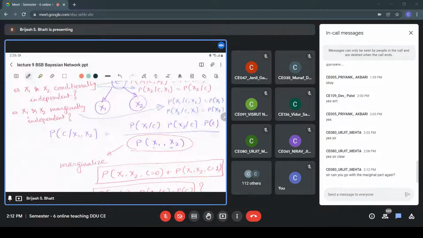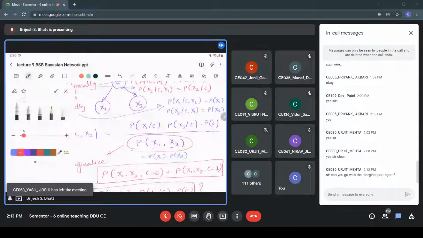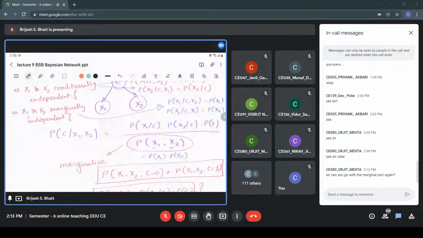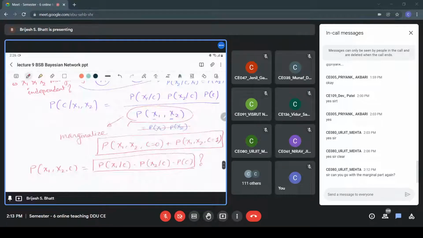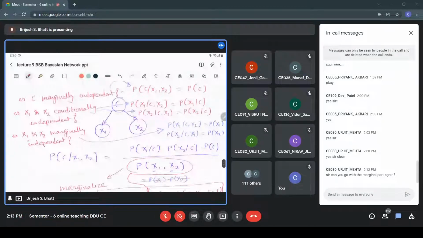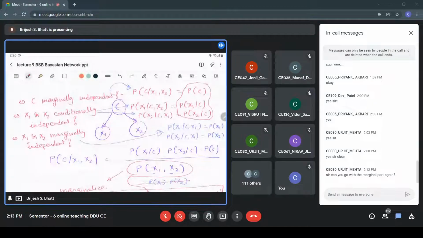Had x1 and x2 been marginally independent, this probability could have been calculated as x1 into x2. Which I said then, don't do this, this is wrong. But they are not marginally independent, that's why we cannot calculate like this. That is why we need to bring C into the formula, and that is why we have to use these three together to calculate the probability of the complete distribution.